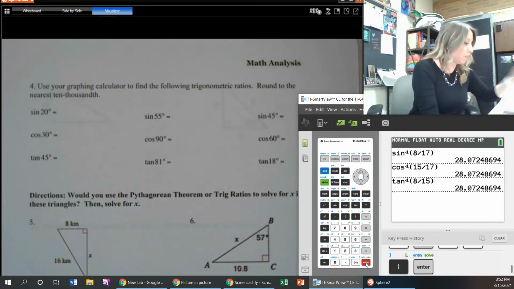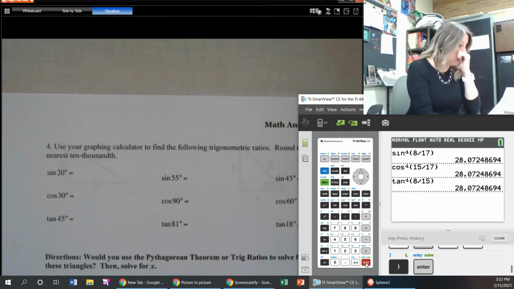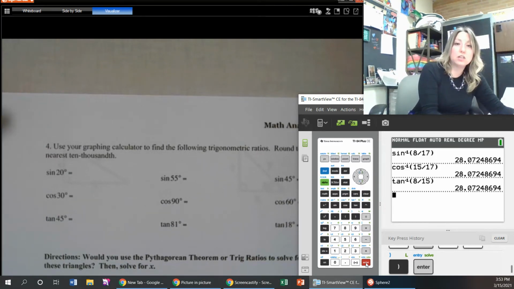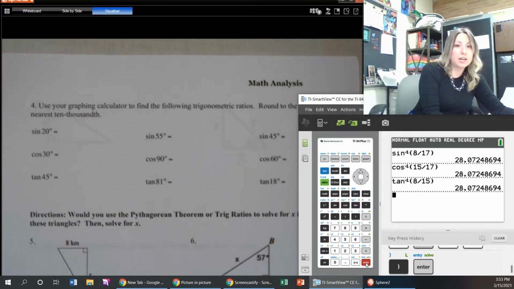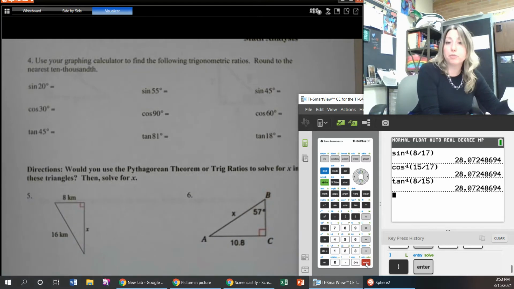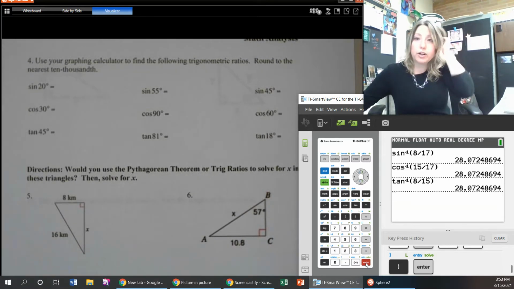Moving forward. Okay, use your graphing calculator to find the following trigonometric ratios, round to the nearest 10,000th. So we're going to plug in and check these guys out. We just had these on our quiz as well, so probably won't be anything too crazy here.